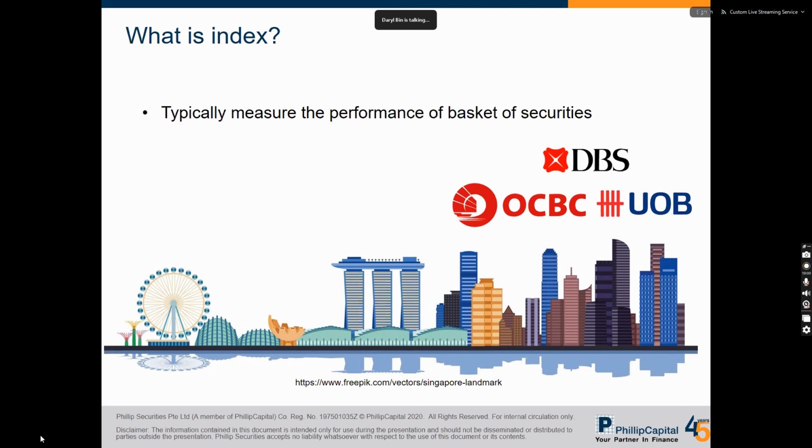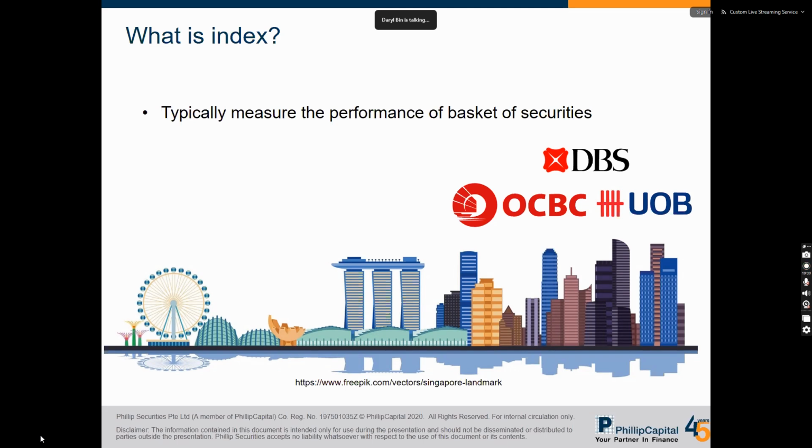As long as you have come to Singapore before or stayed in Singapore long enough, you probably have heard of all these 30 companies inside STI. If I were to name a few, they are like DBS, OCBC, UOB, our three big local banks. And let's say you see that STI is doing well, then highly likely you also know that the Singapore economy is doing not bad.